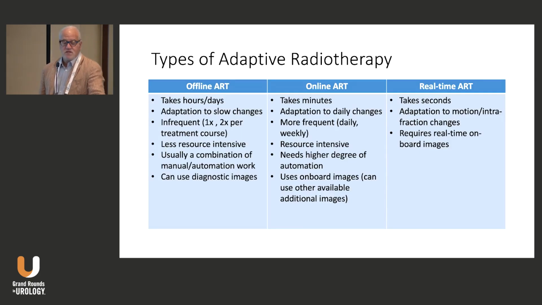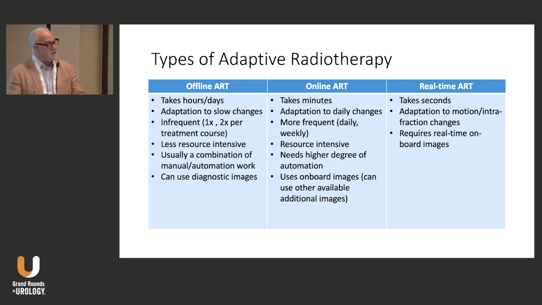So this slide just discusses the types of adaptive radiation therapy. Since we have a lot of non-radiation oncologists, here is a quick summary of how we work. Essentially, we take a patient and do, for most people, a simulation, which is we immobilize the patient, and then we take, in most cases, a CAT scan, usually at 5 millimeter cuts throughout the area of interest.